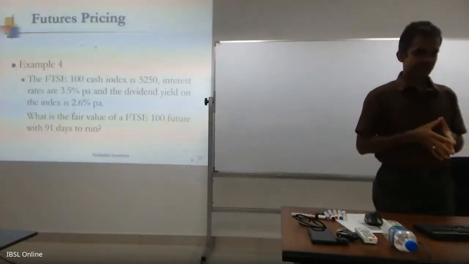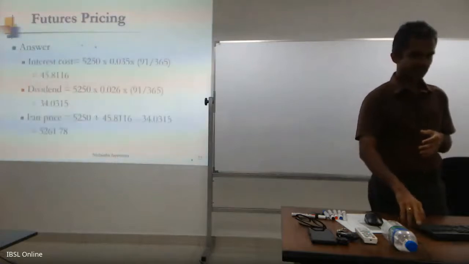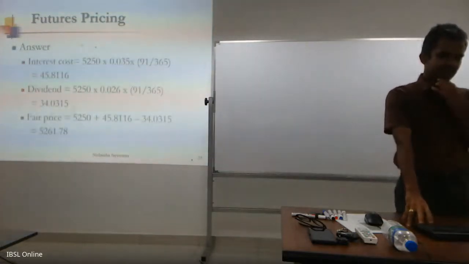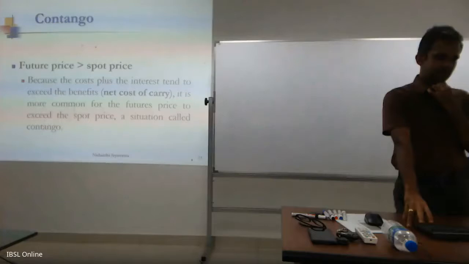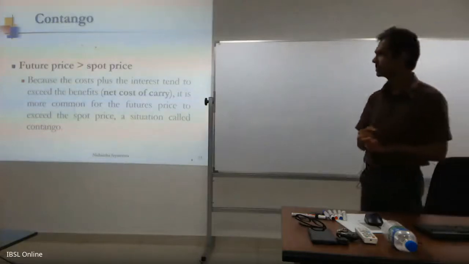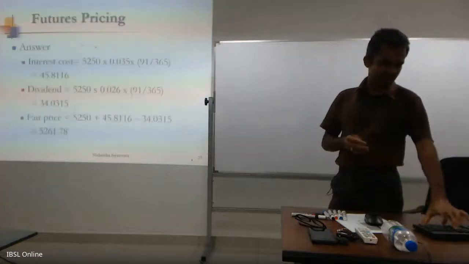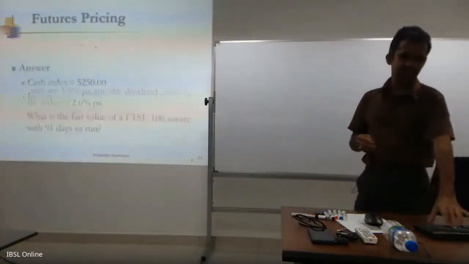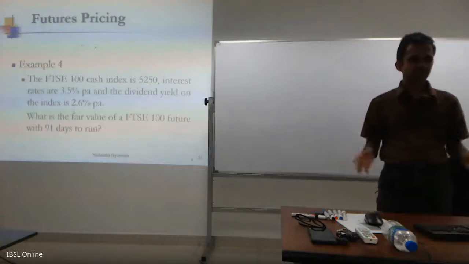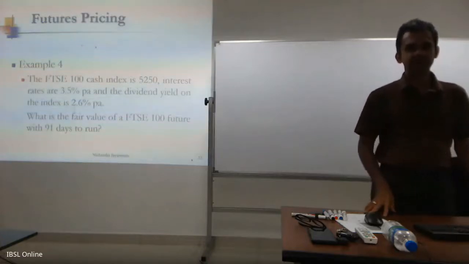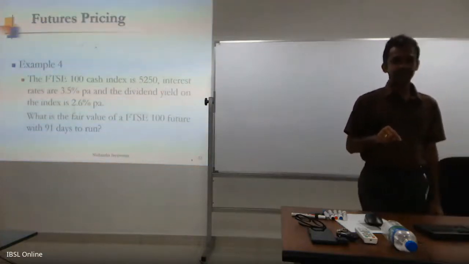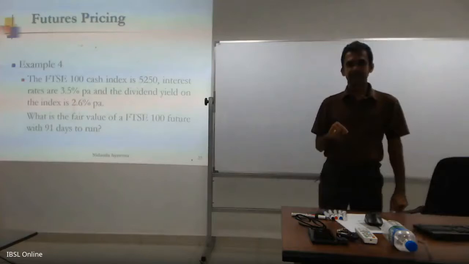This is also the same as the previous example, so we can just keep that. On slide 22, 91 days to run means the futures contract is for only that period. It doesn't mean anything other.